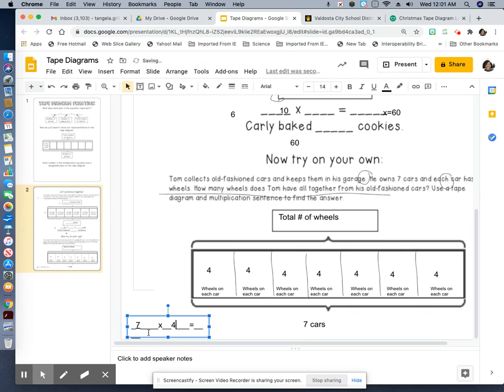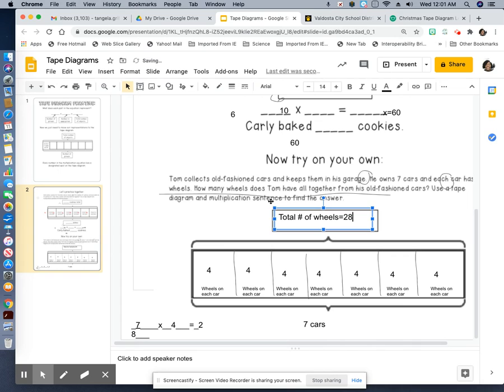And 7 groups of 4, if we skip count, 4 and 4 more is 8, and 4 more is 12, and 4 more is 16, 4 more is 20, 4 more is 24, 4 more would be 28. So 7 times 4 would be 28. So the total number of wheels equals 28.